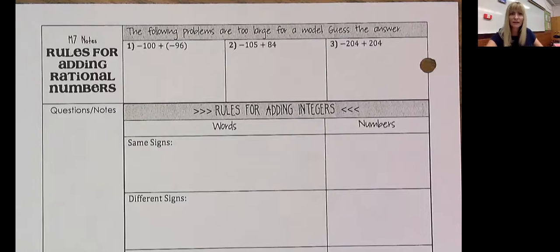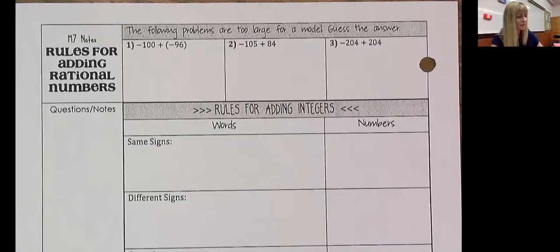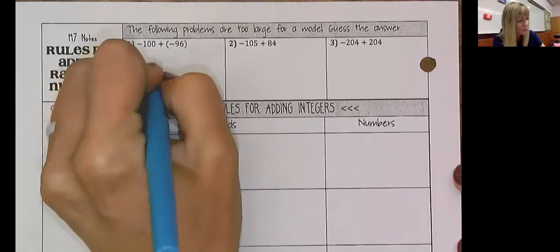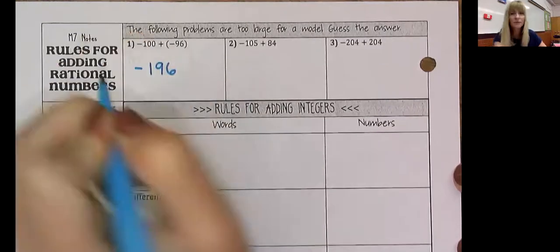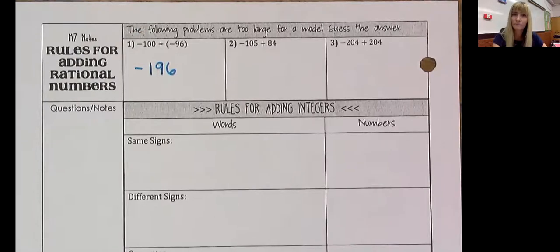And if I have 100 negative tiles and 96 more negative tiles, did I get any zero pairs to cancel away? Well, no, I didn't. So all that's going to happen here is all these negatives are going to go together. I'm still going to have a whole bunch of negative tiles. I'm just going to have 196 total of them now. So if I have a bunch of negative tiles and a bunch more negative tiles, all I'm going to do is put them together.